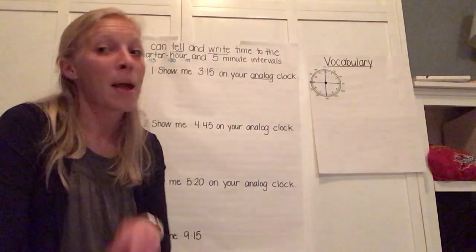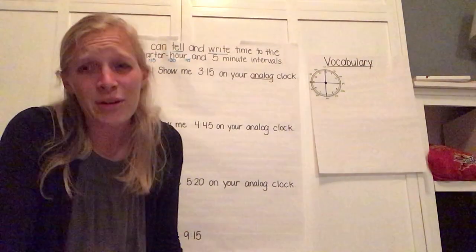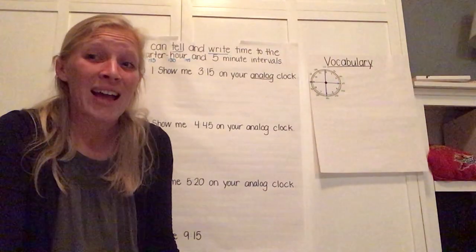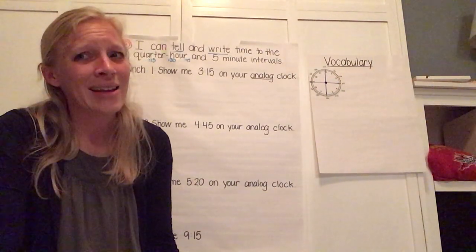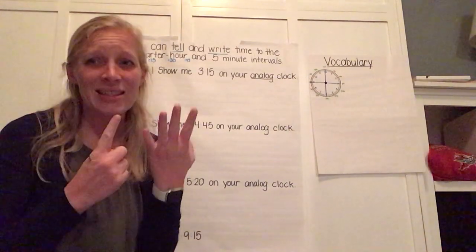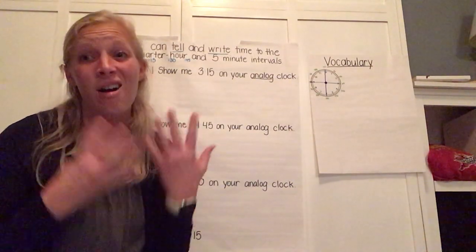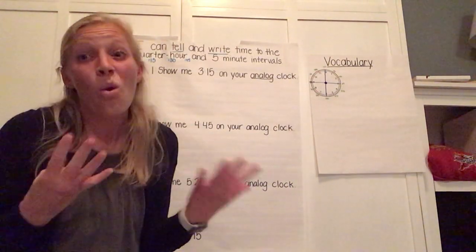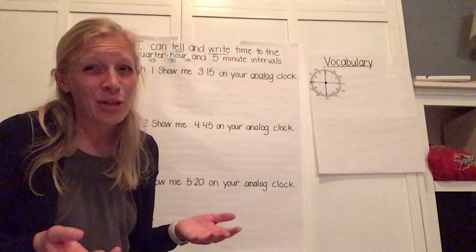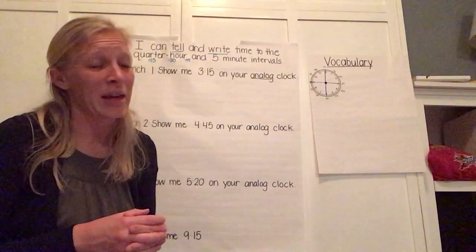Old stuff. But what we haven't really dove into is when we look at a clock and we tell that time when that minute hand is not on that 3, on that 6, or on that 9, or even on that 12, okay? So that is the new learning that we're going to be seeing this week.